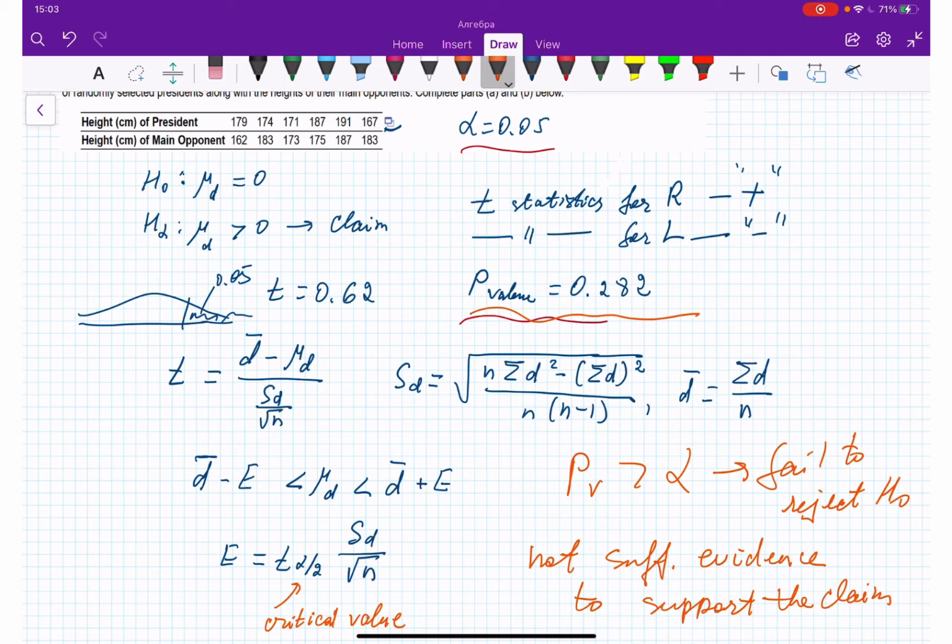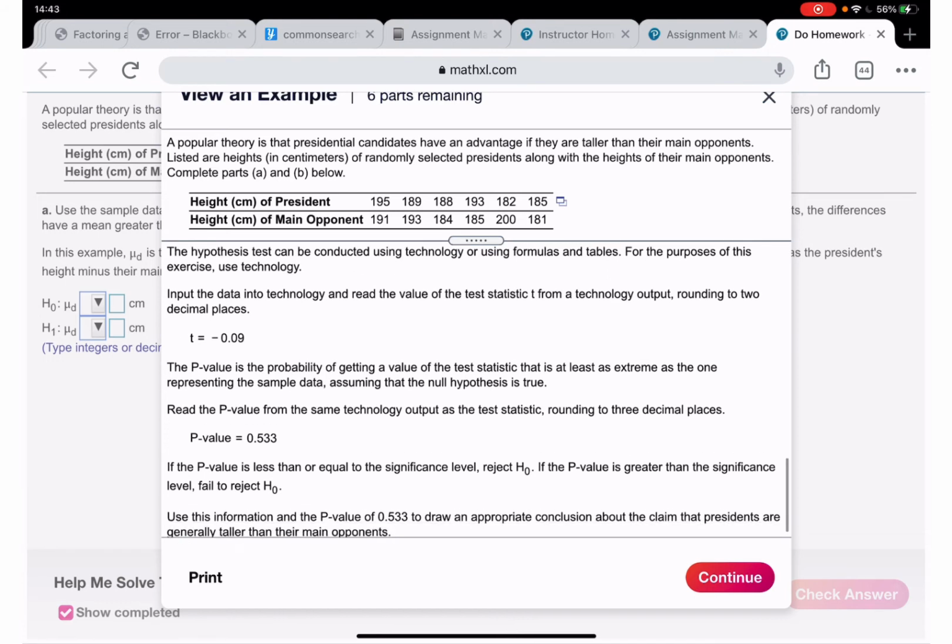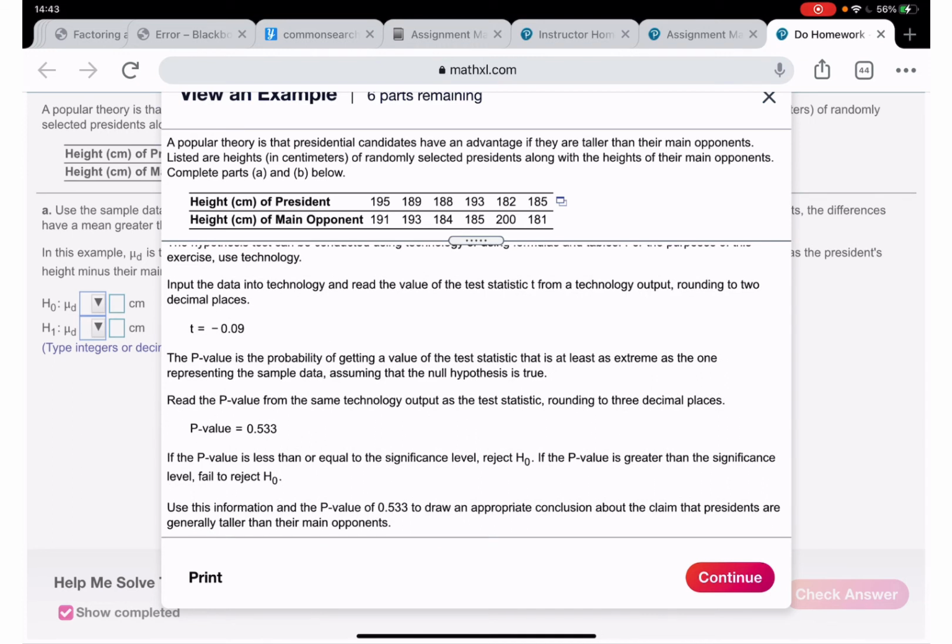So please follow me, and you can solve your confidence interval and test statistic on StatCrunch. Okay, question 5, I'm going to use StatCrunch, and I opened a view example, so you can write down the answers that we need to get from StatCrunch, compare and see that it's working properly for you.